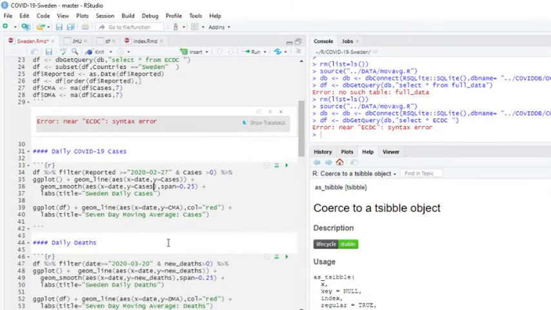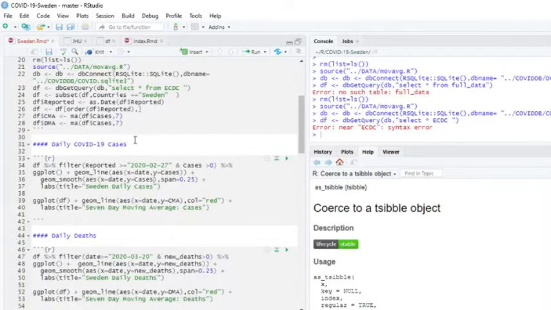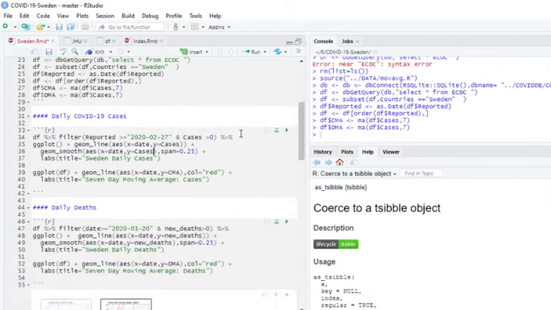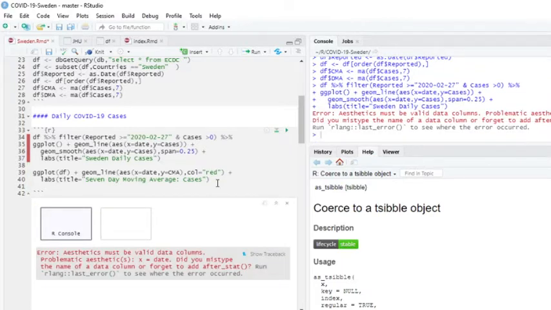Where is, so that works. See how this looks.